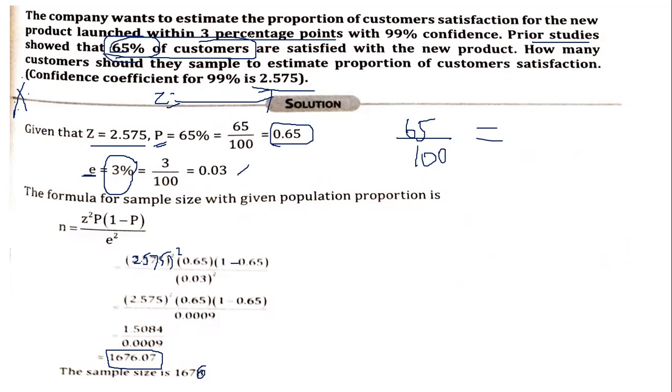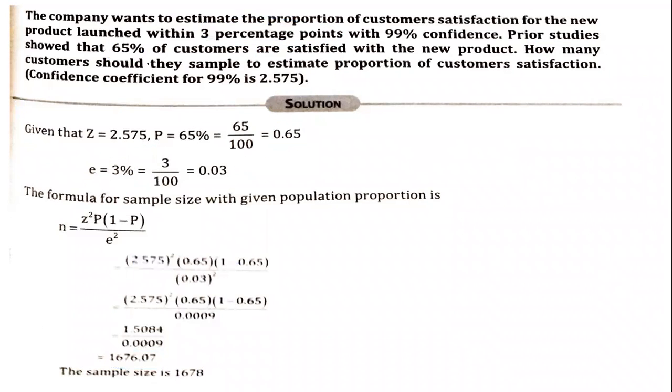Okay, and the important numbers are the product is launched with 3% points. So this is some kind of a customer feedback points, that is 3%. So this 3 percentage points will become the error, margin of error. Okay, and then the population proportion is 65% of the customers who were satisfied with the product. So that is population proportion. Then the Z value is directly given.